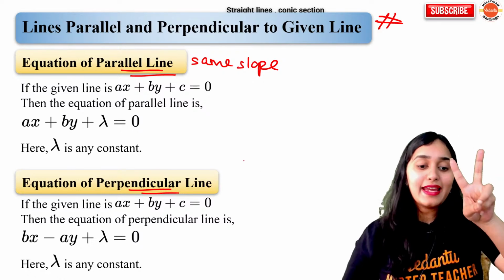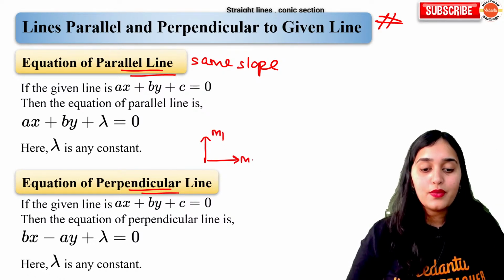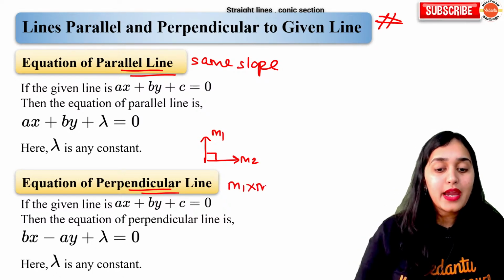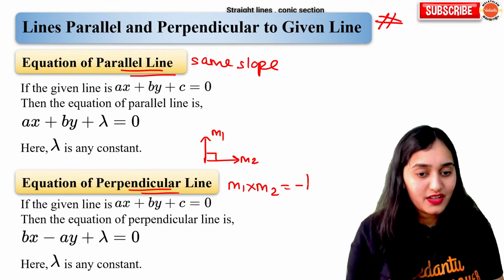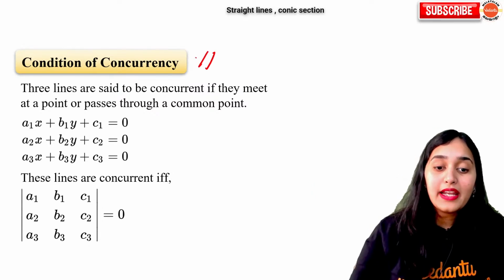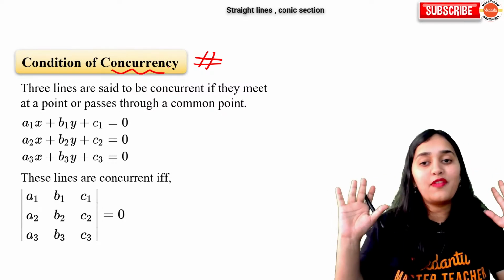If two lines are perpendicular, suppose lines with slopes M1 and M2 are perpendicular, then M1 into M2 will be minus 1. Yes, Akshay, very good, very good. Correct.